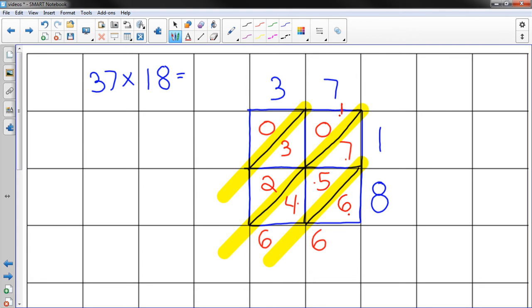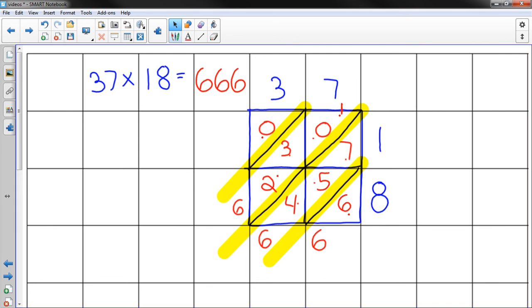Now I have a 1, a 0, a 3, and a 2. So 1 and 0 is 1, plus 3 is 4, 4 and 2 is 6. And then I have that 0 right there. I don't have to really worry about it. And my answer is 666. A little scary to some people, but I don't think I'm too scared by that number.